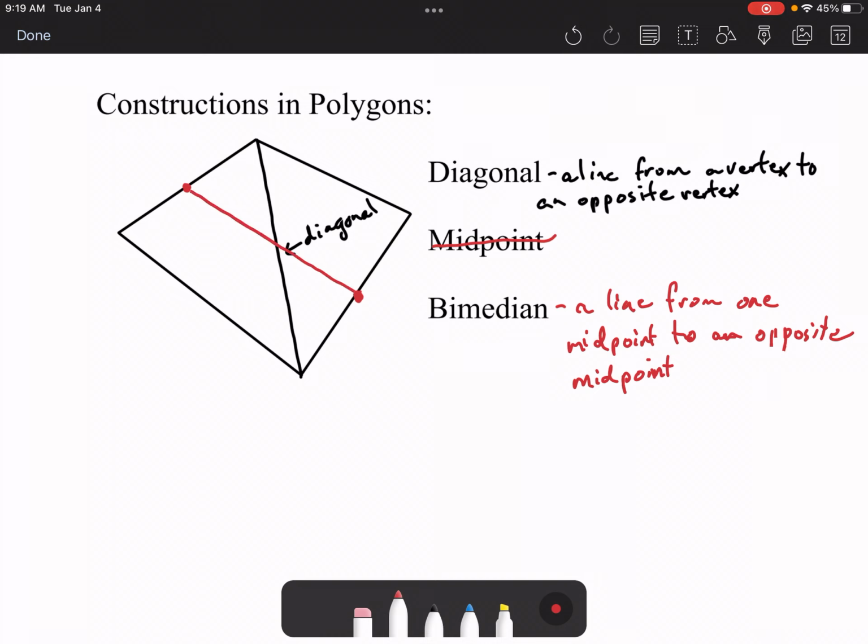So this red line that I've drawn here is called a bimedian. So these are some constructions that you will get to know how to do.